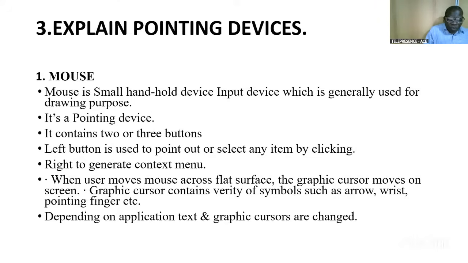When the user moves the mouse across a flat surface, the graphic cursor moves on the screen. The graphic cursor contains a variety of symbols such as an arrow, wrist, pointing finger. Depending on the application, the text and graphic cursor change.